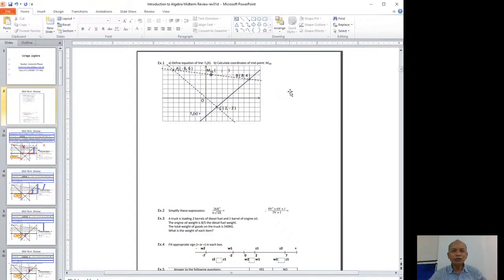So person number one, two, three do the midterm exam version 1, and person number 4, 5, 6 will do the midterm exam version 2, etc. So different students may have different versions of the exam.